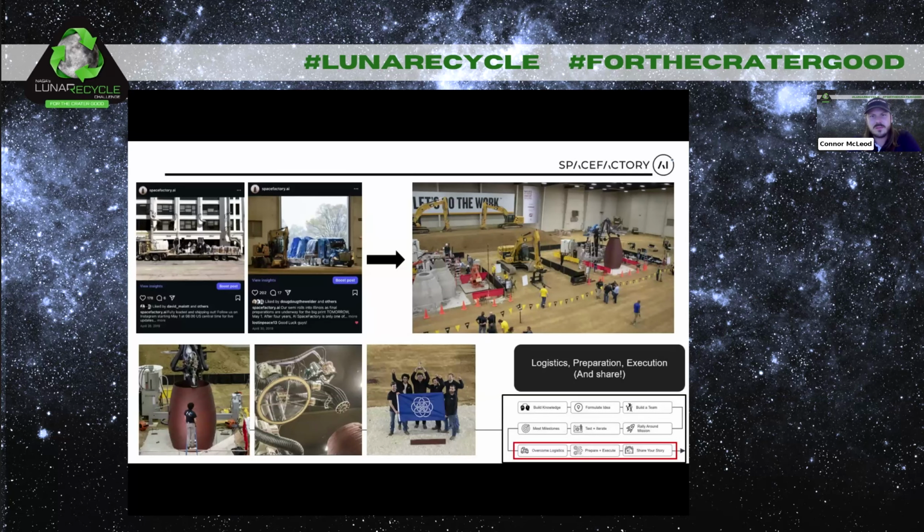So then the final part is essentially the logistics. You've got to overcome your logistics challenges, you've got to prepare and execute, and then obviously share your story. This was mentioned earlier. One of the big problems, especially in the previous NASA Centennial Challenge, was that it took a few truckloads' worth of pelletized material and all of our equipment to go all the way to Peoria, Illinois, from all the individual locations they were at, right?